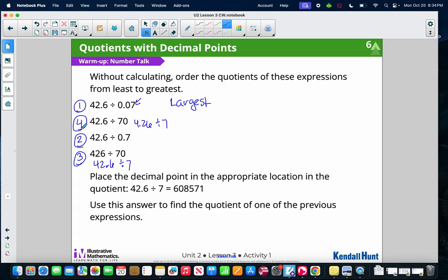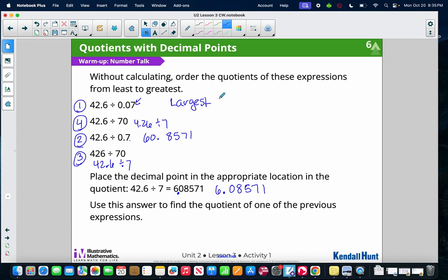Place the decimal point in the appropriate location in the quotient 42 and 6/10 divided by 7. Well, I know 42 divided by 7 is 6. So the decimal point is going to be after the 6. Use this answer to find the quotient of one of the previous answers. Well, if dividing by 7/10 makes it bigger, it would be 60 and 8,571 10,000ths.